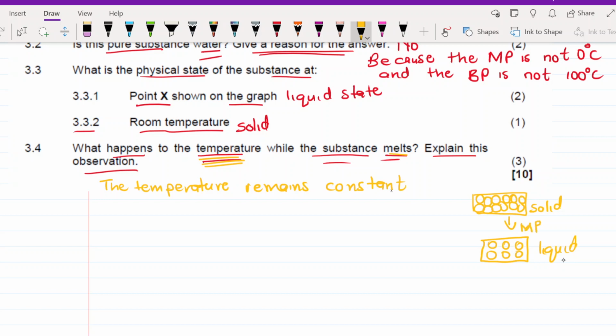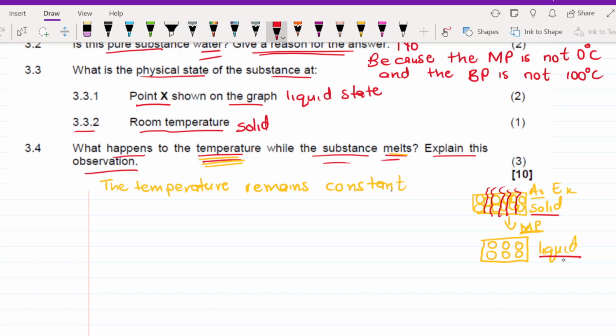When you increase the temperature, you are also increasing the average kinetic energy. So at the melting point, all this energy was used to break these bonds, to get the molecules separated from each other so that they can move. It's no longer solid, now it's liquid.